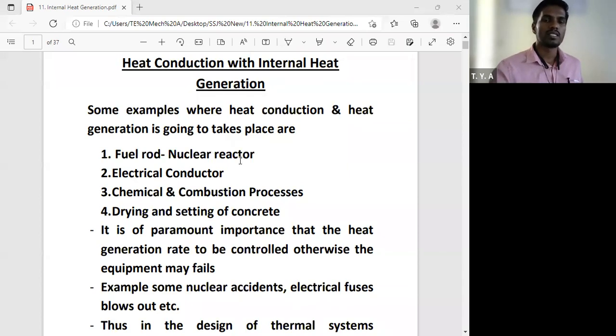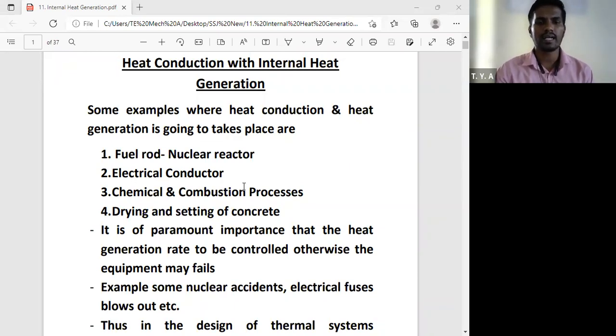So all of you write down some examples where heat conduction and heat generation take place. First, fuel rod in nuclear reactor.